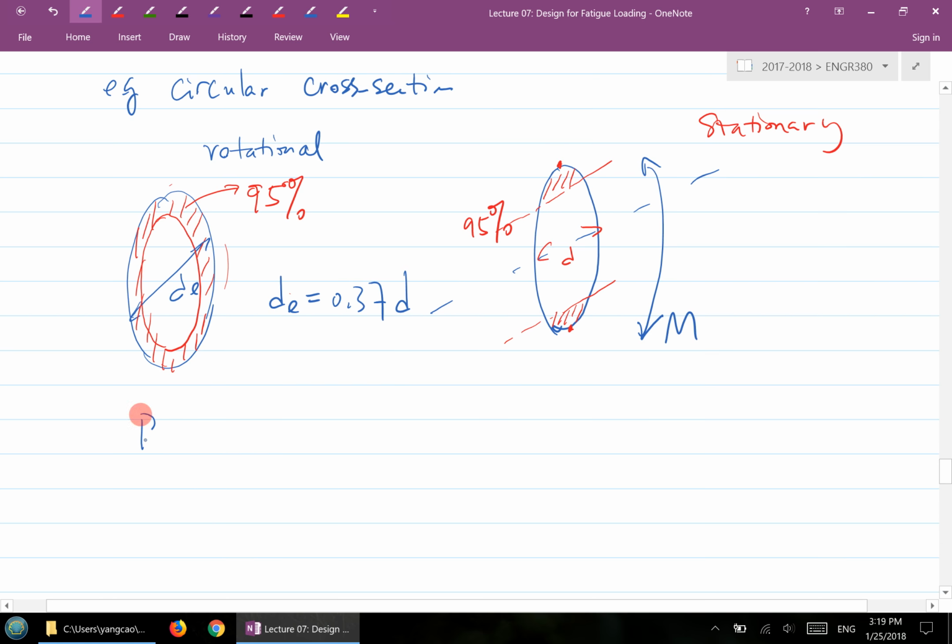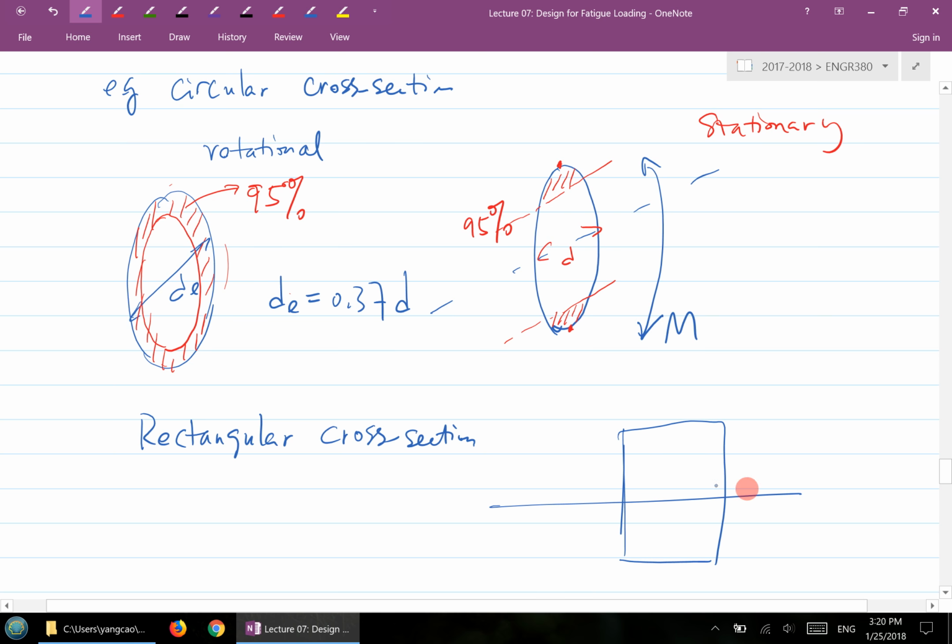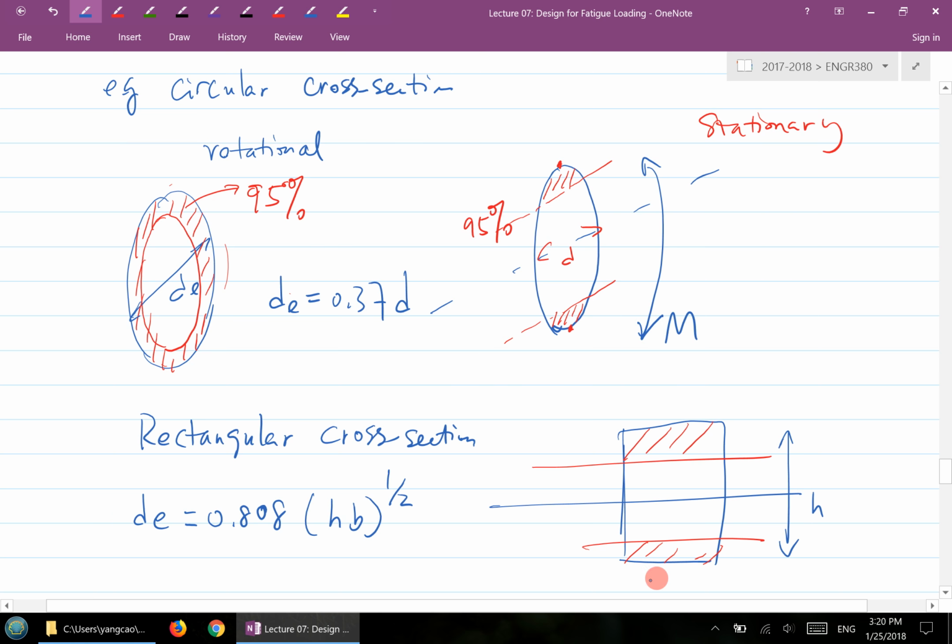Now what if you have a rectangular cross-section? Here you have a rectangular cross-section, then the 95% will be here and here. In that case, you can also do a calculation for DE, which is this much, and this is H, and this is B here.